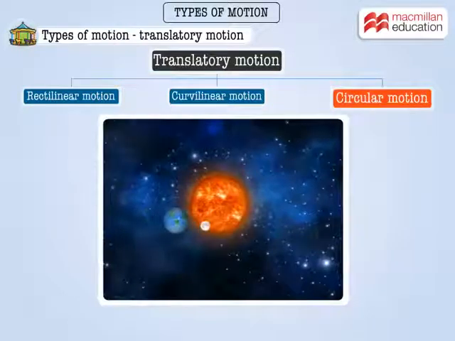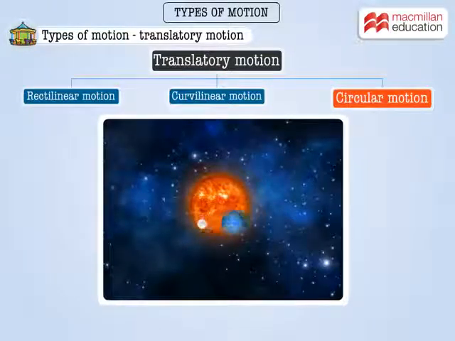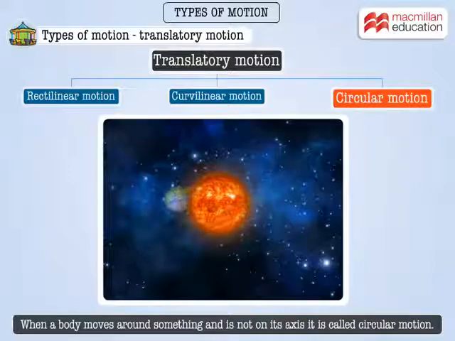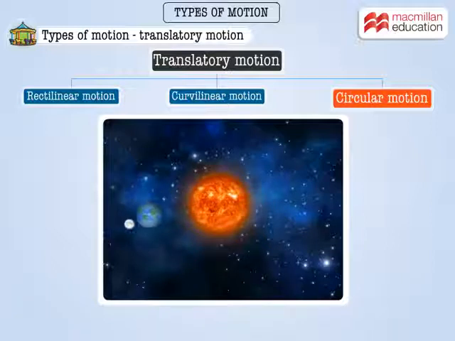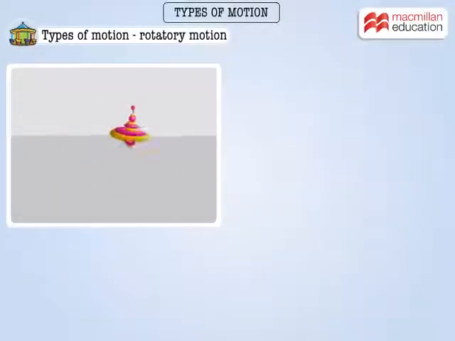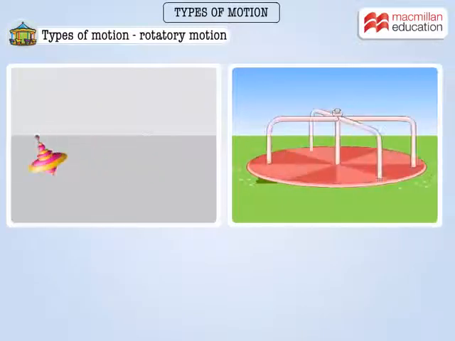The third type of translatory motion is circular motion. This occurs when a body moves around something and is not on its axis. Some of the examples include the moon moving around the earth and the earth moving around the sun. If you watch a spinning top or a merry-go-round closely, you will see that they move on an axis.